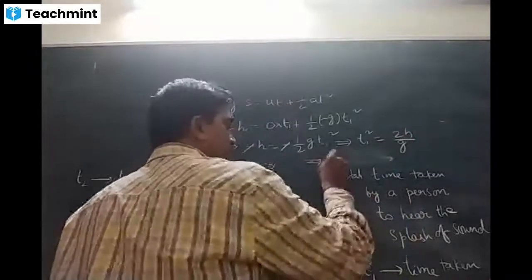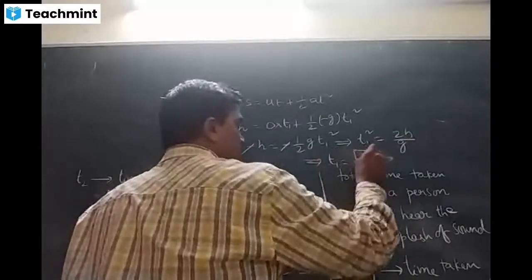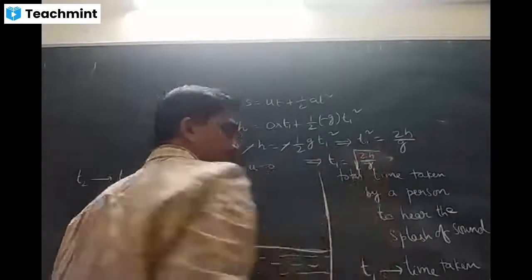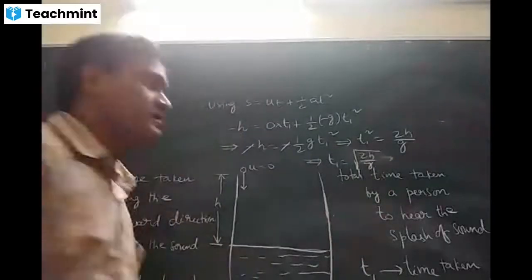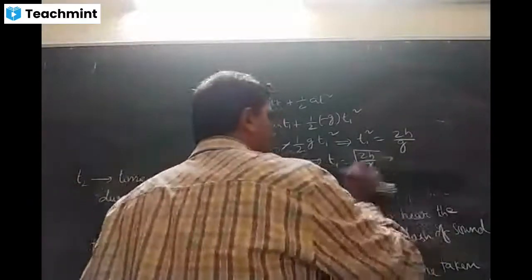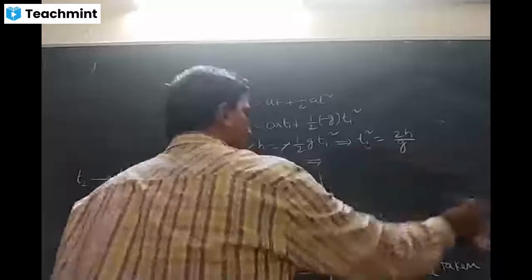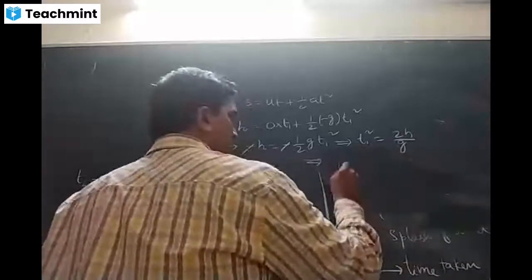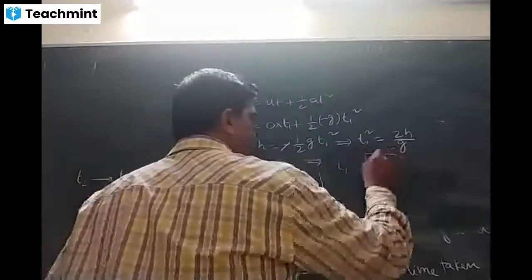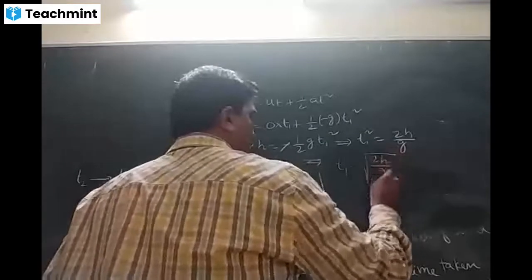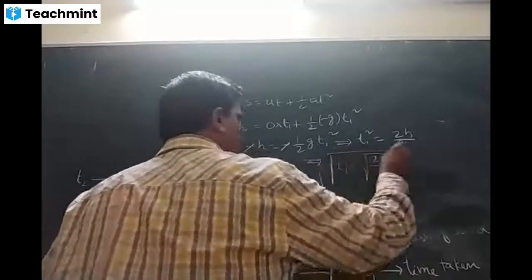From this I get the time t1 as square root of 2h by g.